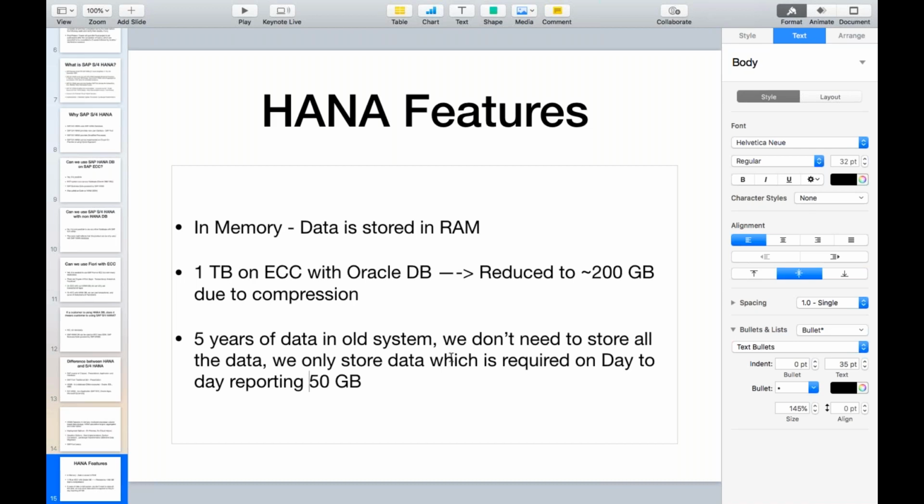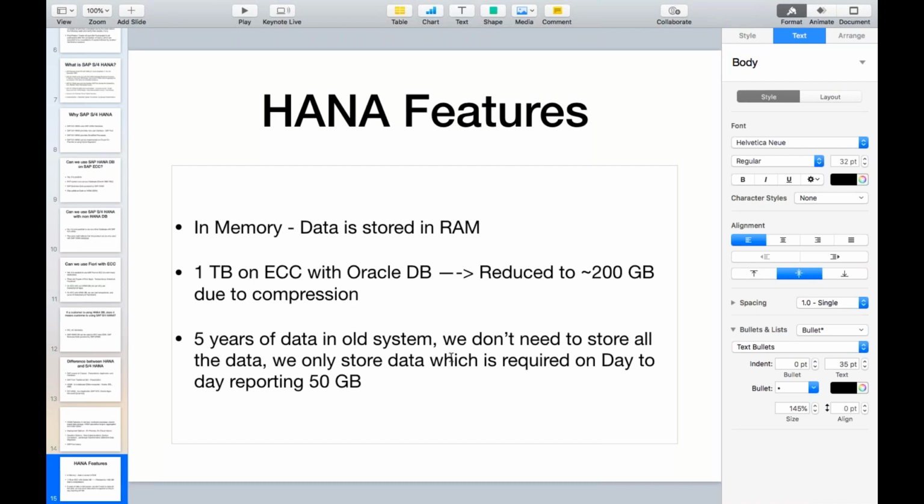But again, if you compare this with ECC, even your historical data will be executed faster. Why? Because data is stored in compressed form. If it is compressed, then whenever you generate a report, the selection happens from a smaller amount of data. So if you compare with ECC, even the data stored in hard disk will give you faster results, and RAM will give you even faster results. Clear?